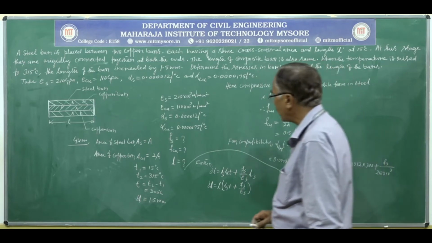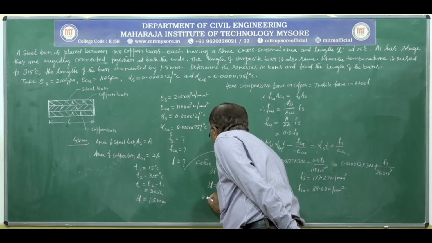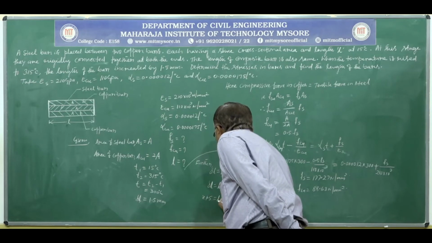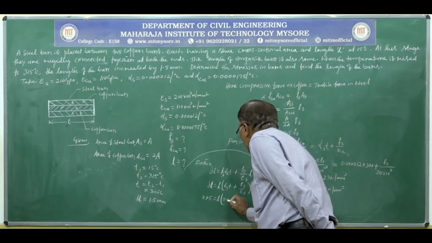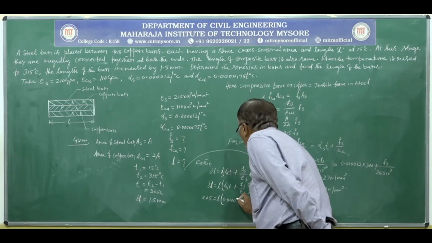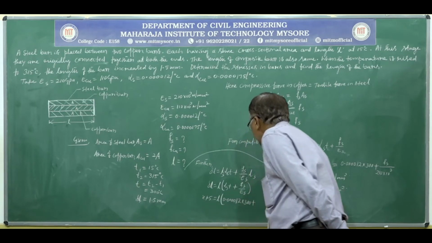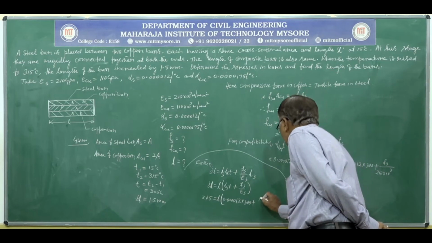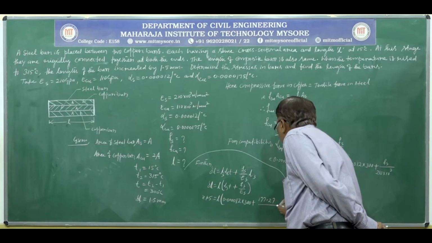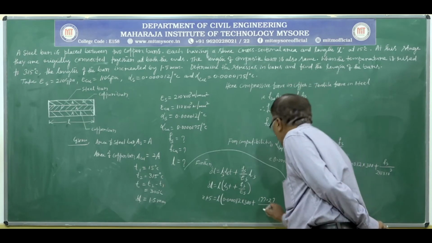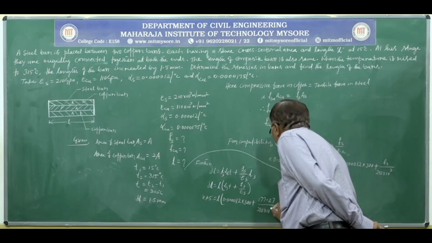Given that delta L is equal to 1.5 millimeter, 1.5 is equal to L into 0.000012 into 300 plus 177.27 divided by 210 into 10 power 3.